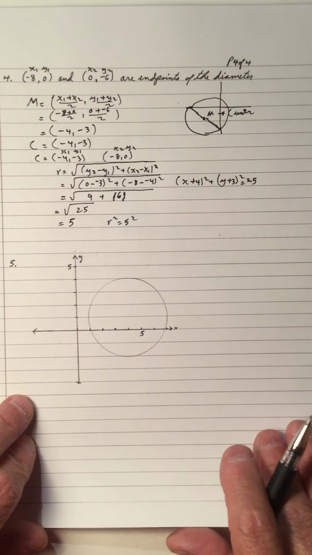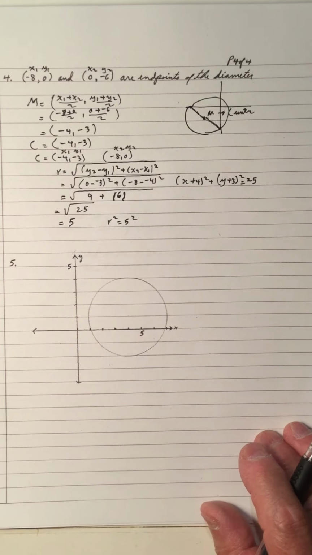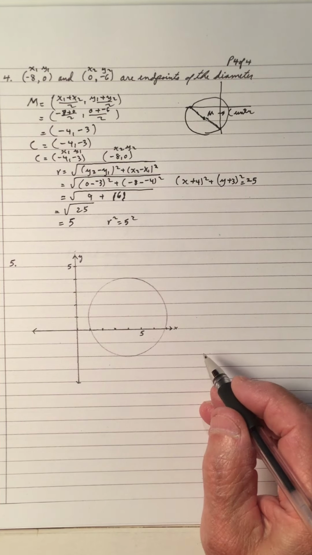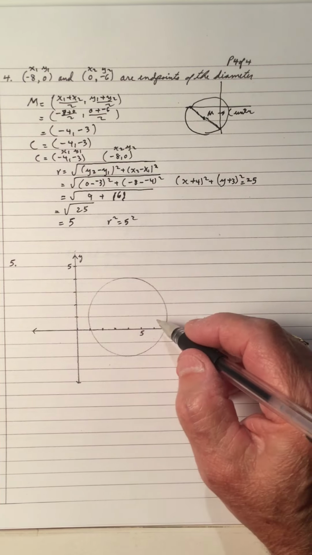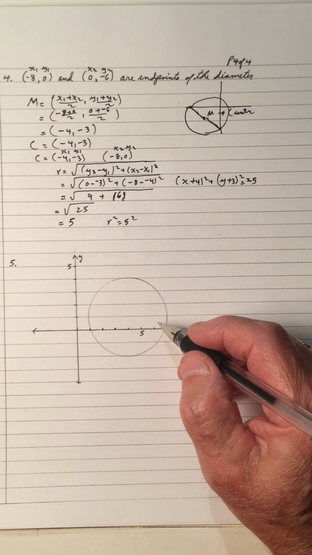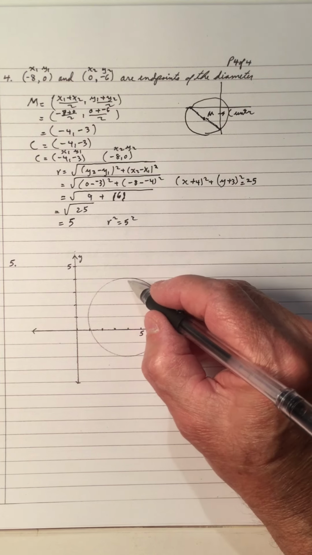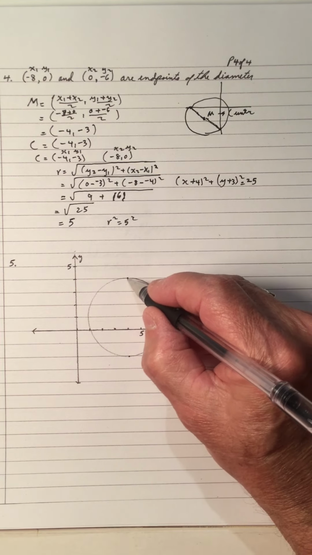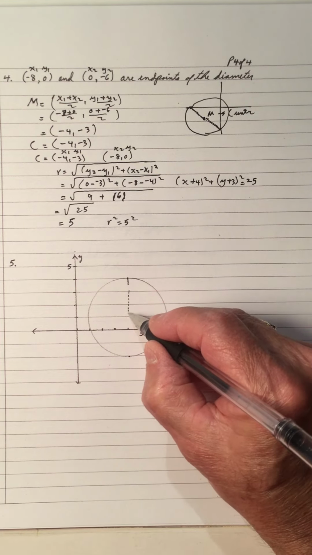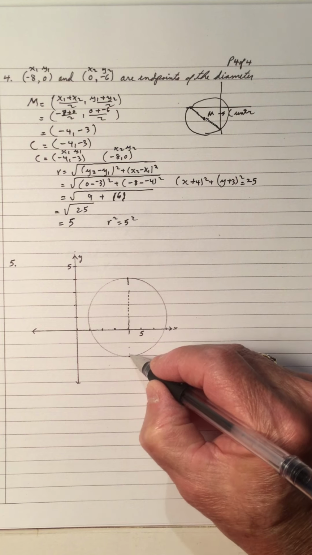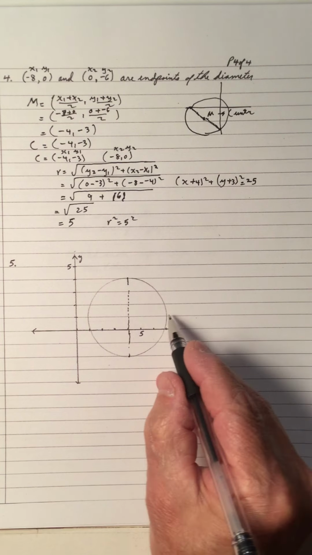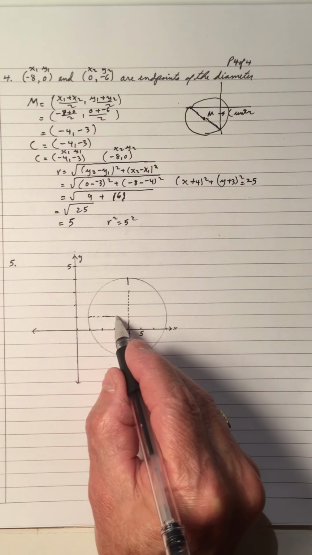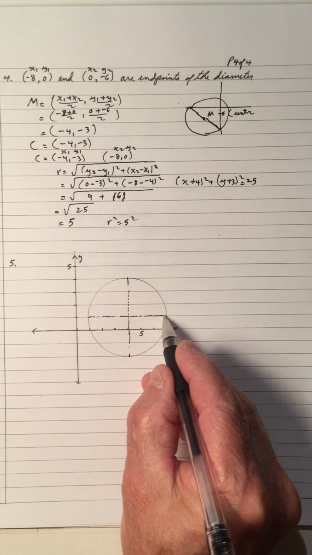And number 5, we want to find the equation of this circle, and the circle is there. So notice, think of the circle as if you're looking through a scope, crosshairs. So we need to find there and there, so we go down like that. And we need to find the middle, because really what we're doing, the crosshairs, is the diameter.